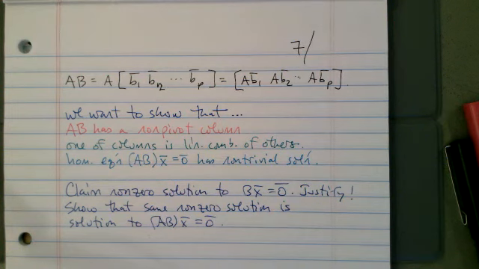Since Bx equals 0 has a non-zero solution, that same solution will work as a non-zero solution to AB times X equals 0. Therefore, you'll be able to conclude that the columns of AB are linearly dependent.